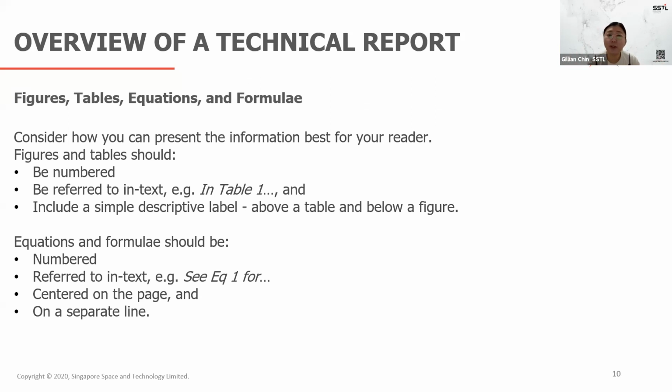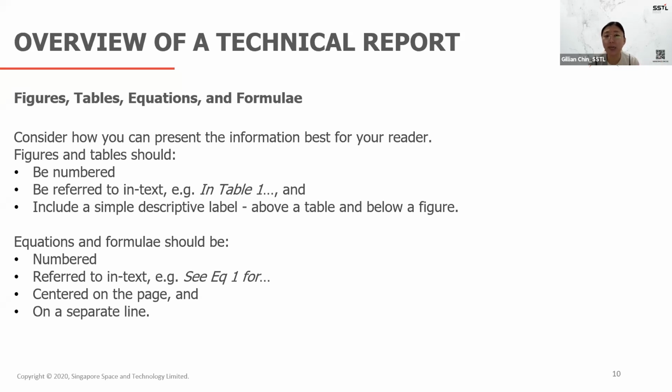You should not be referring to tables that are several pages away, unless you really have to. If your table 1 is on page 1, you shouldn't be mentioning table 1 on page 10, unless you're making a comparison.